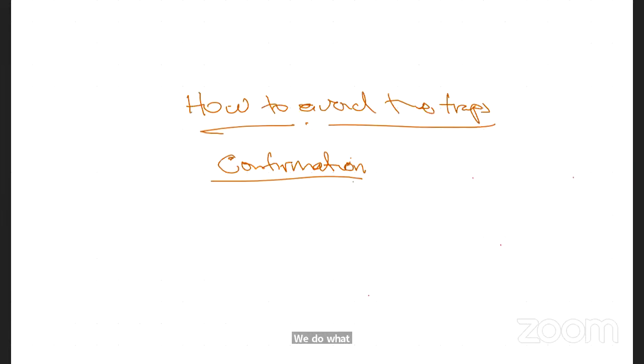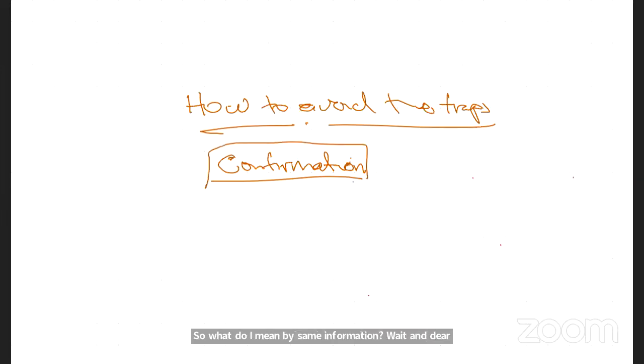I can even say it a million times. Okay, we use confirmation to avoid all the traps in the market. So what do I mean by confirmation? Wait until you get confirmation so that your trade has more chances to succeed than to fail.